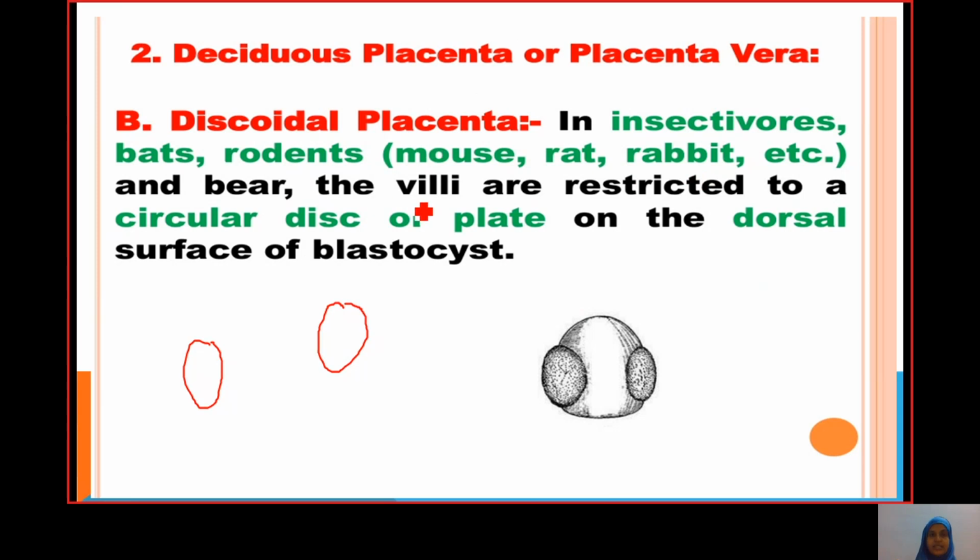In rodents, the villi are restricted to a circular disc or plate-like structure. The plate-like structures are formed on the blastocyst. See here, this is the disc. Placenta is formed like a disc. If the placenta is formed like a disc on the blastocyst, what is it called? It is called discoidal placenta.